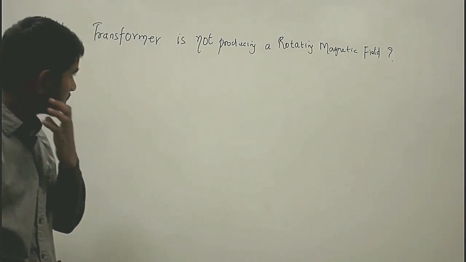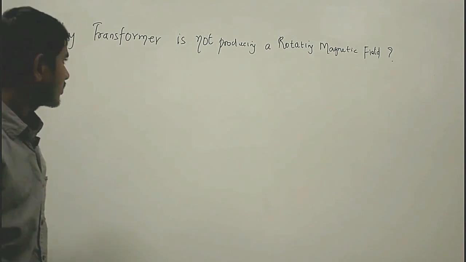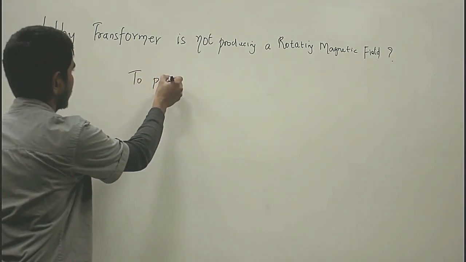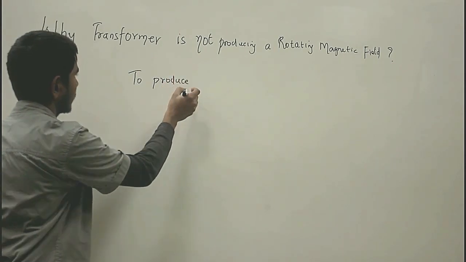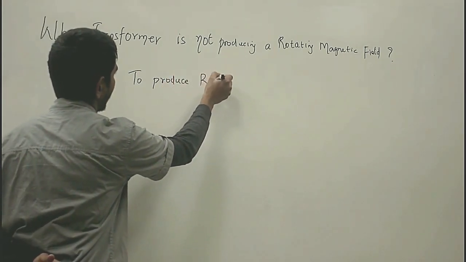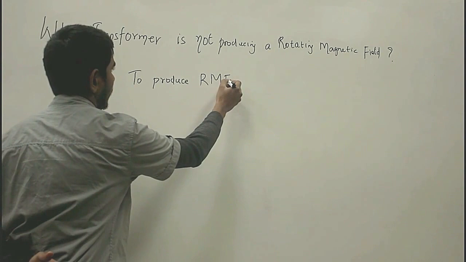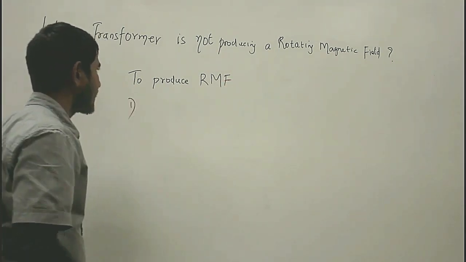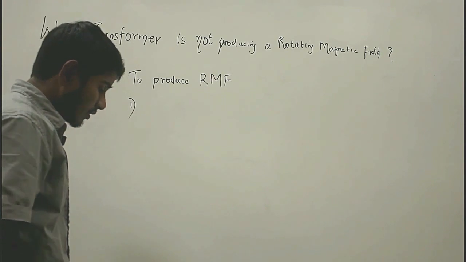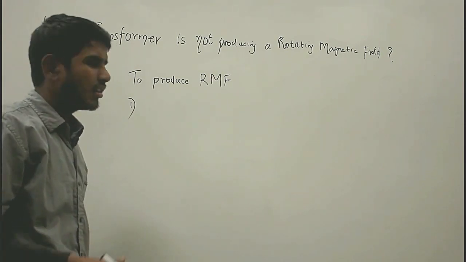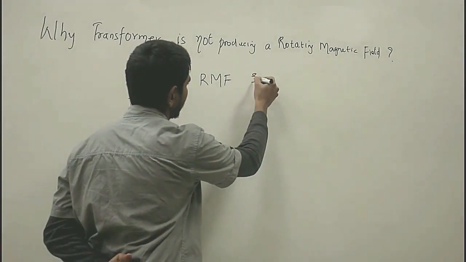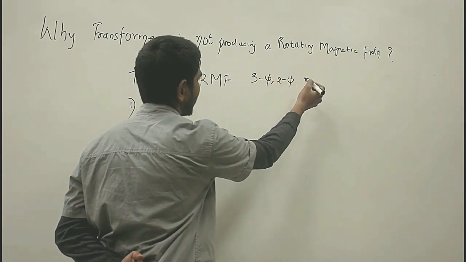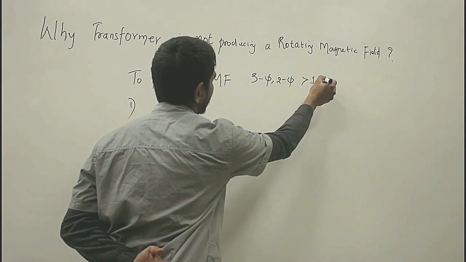So to produce a rotating magnetic field, RMF, we have two conditions. The first condition is the supply. You can say it may be either 3-phase or 2-phase or greater than single phase.